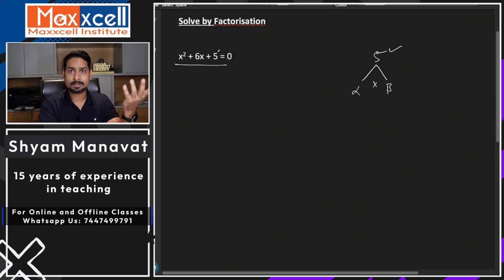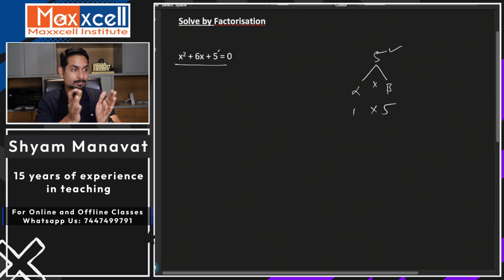Here, 5 you can only split as 1 into 5. 5 is a prime number, you don't have any other way to factorize 5. So you factorize this constant in two parts such that the product is the same and the sum of both parts should be the coefficient of x.